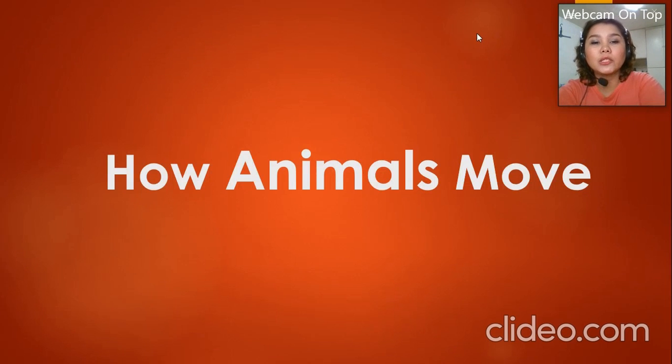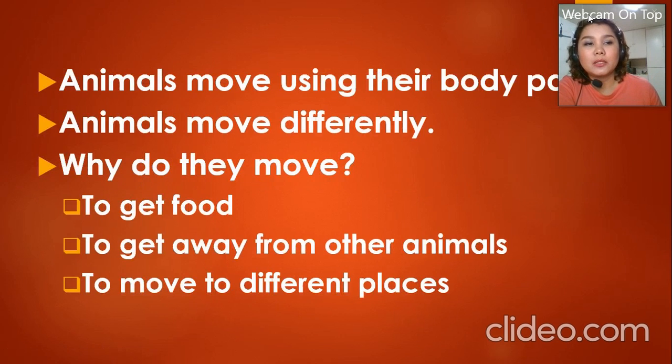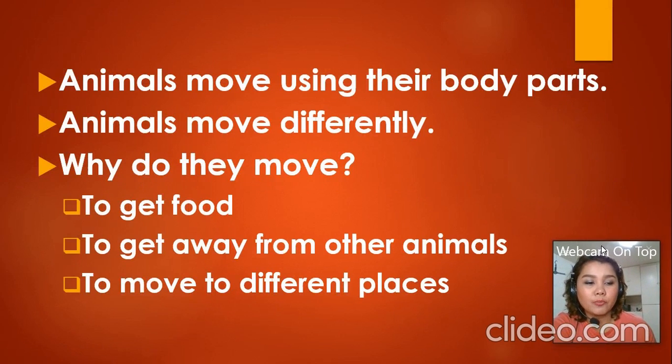Now we move on to movement, how animals move. Just some important pointers about movement of animals. Animals move using their body parts. Just like ours, we have our legs and our feet, and we make use of them in moving.